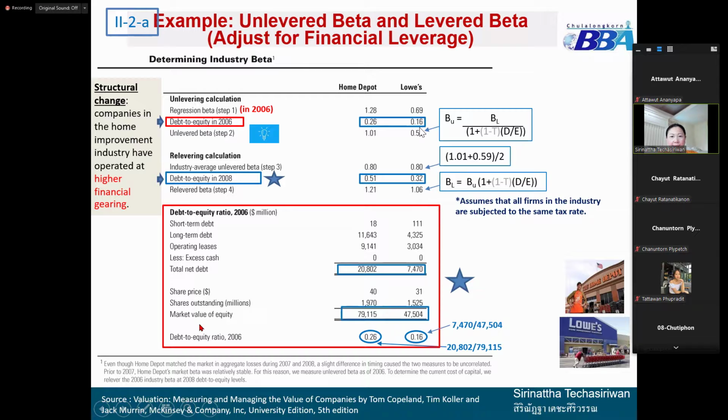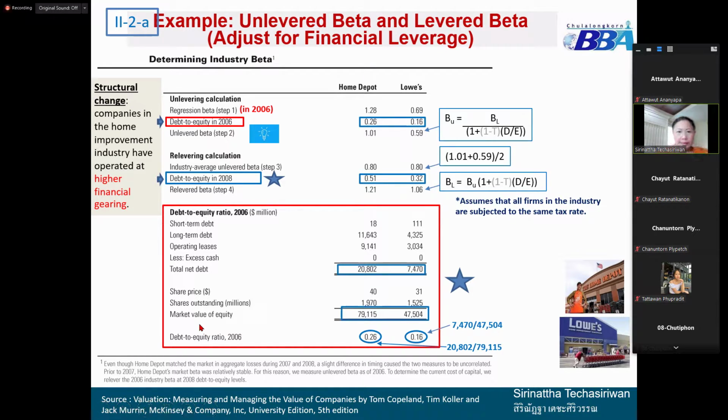And the analysts expect the debt to equity ratio to increase in 2008. So in this case, if the analyst does not adjust the historical beta, it might underestimate the risk, because of the lower debt ratio in the past compared to the expected debt ratio in the future. So in this case, the analysts need to make an adjustment.